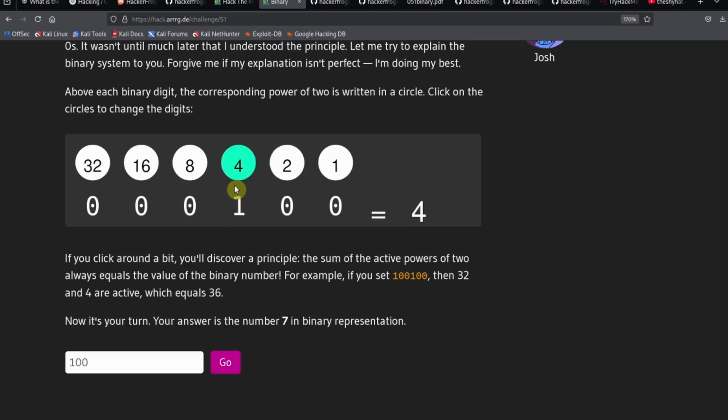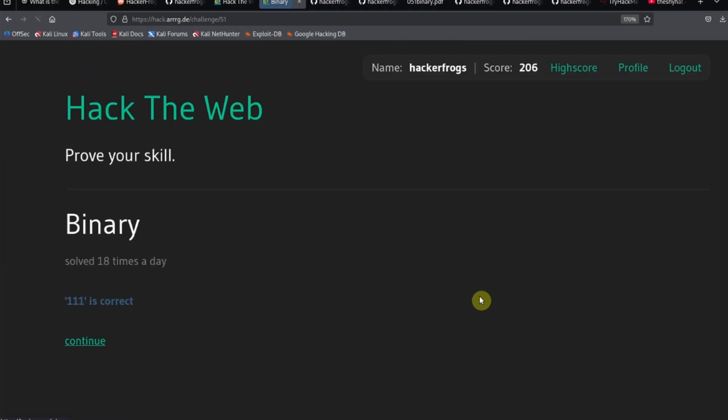And if we see a 1 in this place, it represents the number 4. If we activate the number 4, the number 2, and the number 1 together, that equals the decimal number 7. So the number 7 in binary representation is 1, 1, 1. So we type that in and we click go, and that solves the challenge.